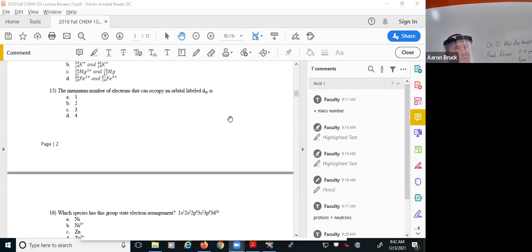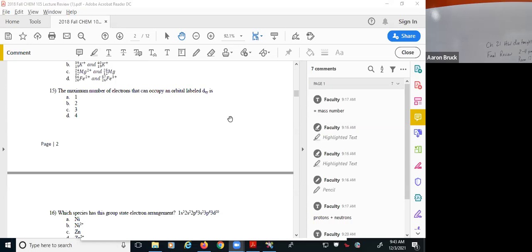All right, here's another definition question. What is the maximum number of electrons that can occupy an orbital labeled dxy? Right, show me a number of fingers. 1, 2, 3, 4.